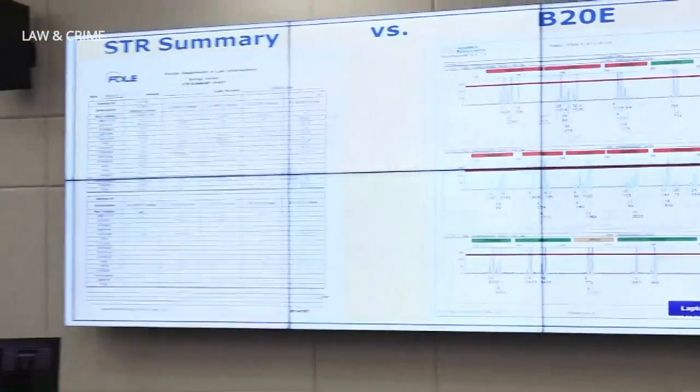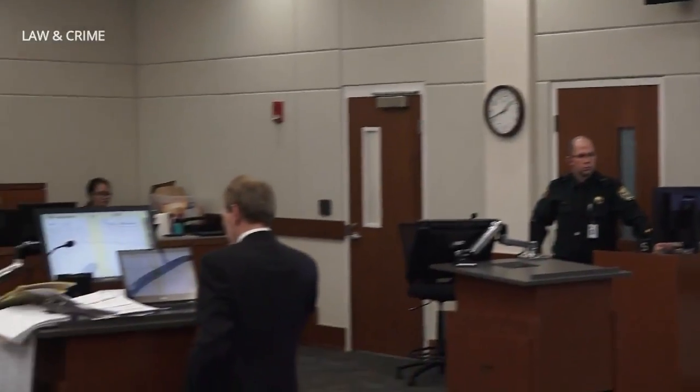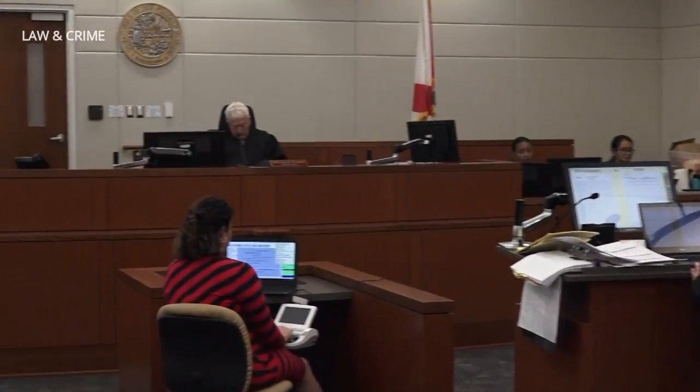Yes. And similarly, the red lines approximate the stochastic threshold. And there's page 14,186, which is the second page of the B20E electropherogram. Again, it's next to that STR summary sheet, and the red line approximates the stochastic threshold. We agree with that? Yes.